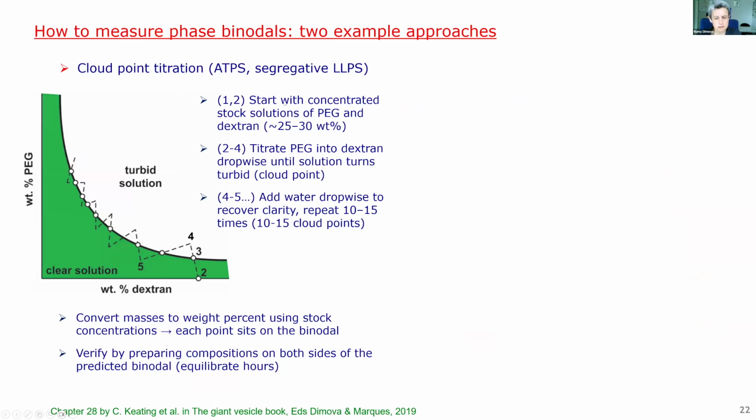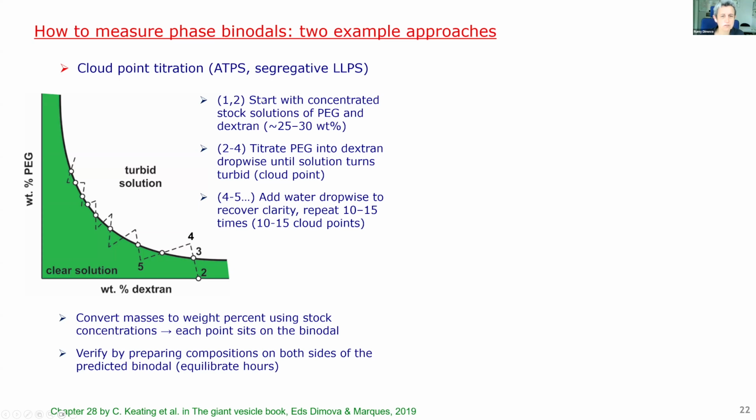Now, I added these slides because some of the students in CommonCell are interested in measuring binodals in their phase diagram, or understanding their binodals. The way you can measure a binodal is, for example, in the ATPS, in the PEG-dextran aqueous two-phase system, by doing cloud point titration.